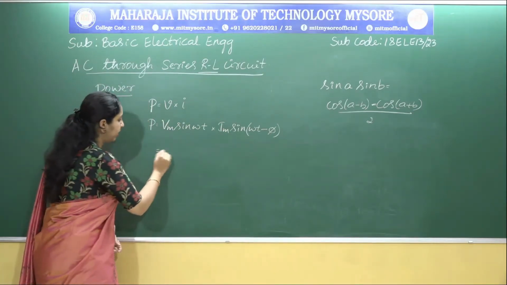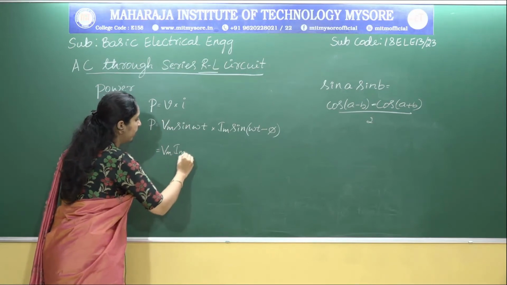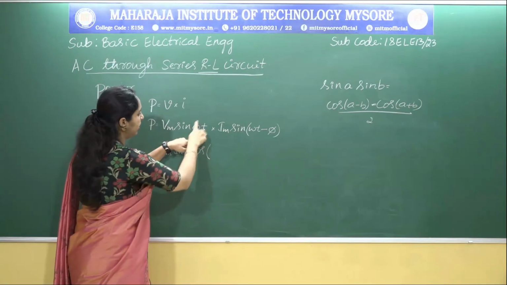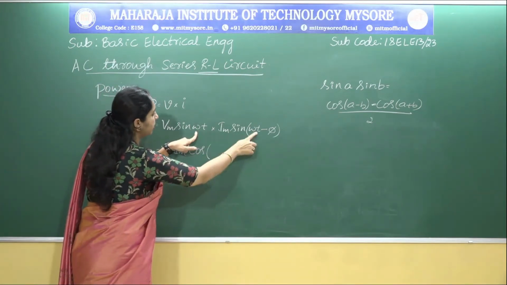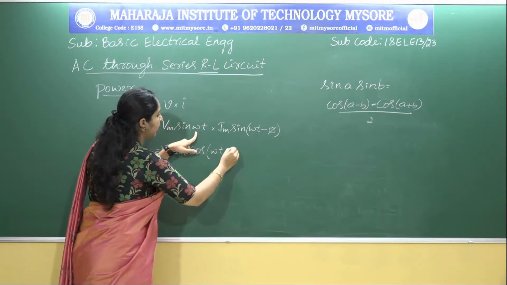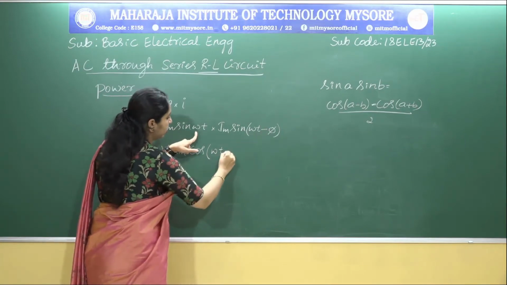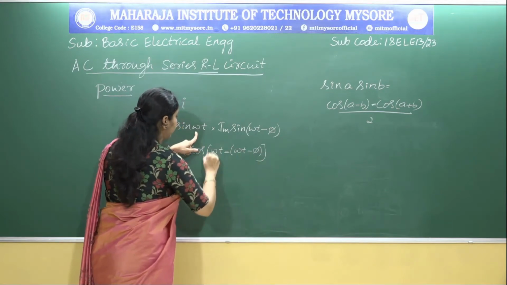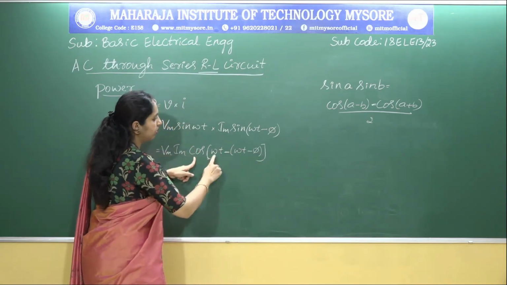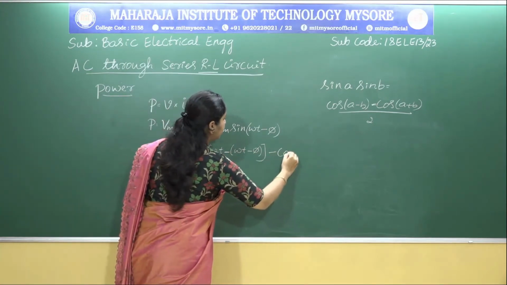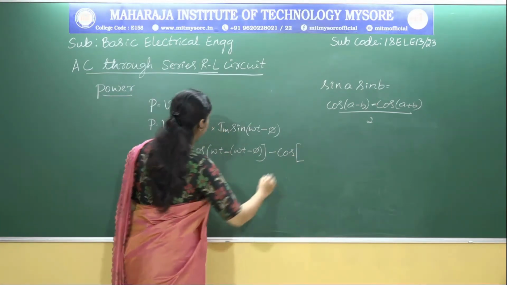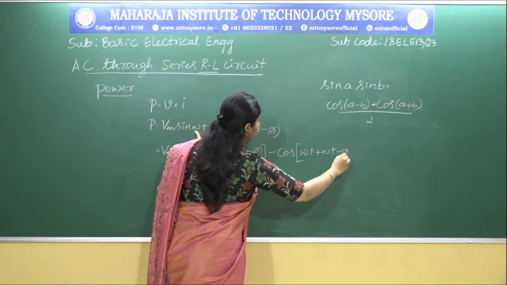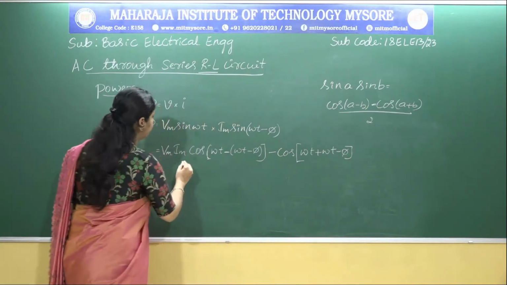Now we can write it as Vm Im, cos of A minus B, where we treat this as A and this as B. So A minus B is omega t minus (omega t minus phi), minus cos of A plus B, which is omega t plus omega t minus phi, all divided by 2.